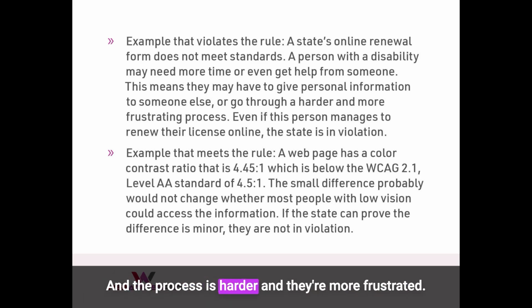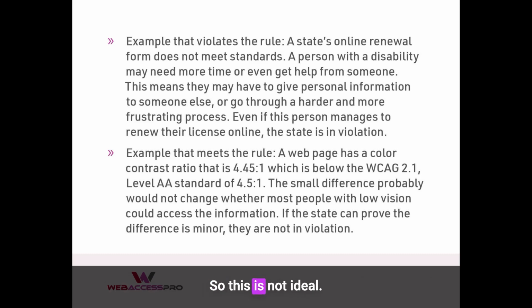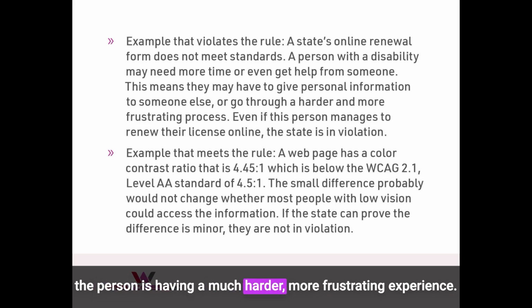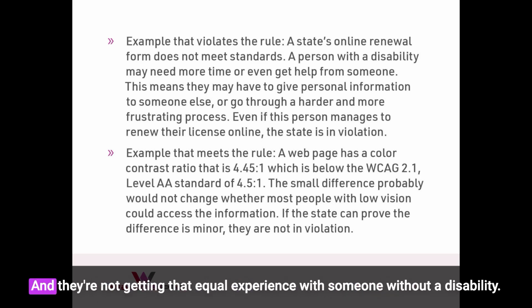And the process is harder and they're more frustrated. Even if the person is able to actually renew their license online, the state is technically still in violation, because this is a situation where the person is having a much harder, more frustrating experience, and they're not getting that equal experience with someone without a disability.